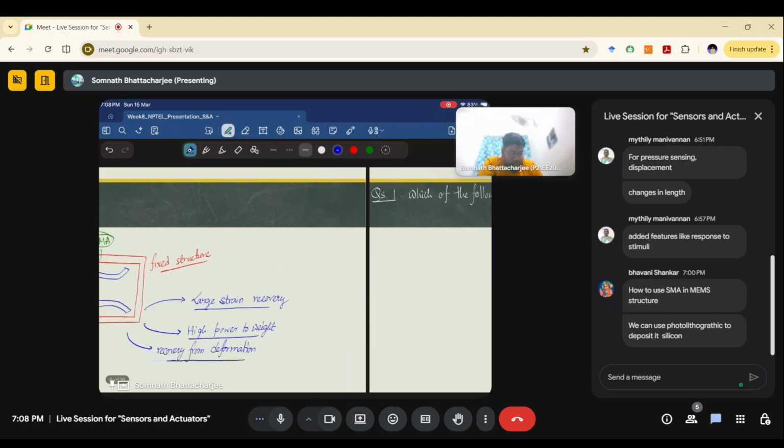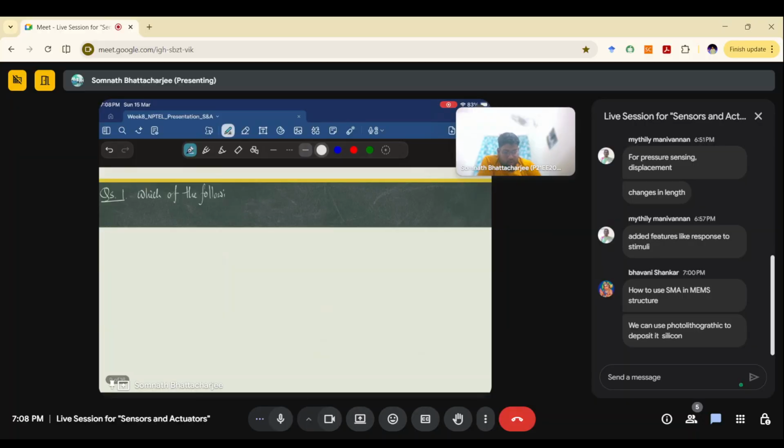So let's move on to the questions. The first one is: which of the following can be used to improve the adhesion of PR on deposited nitride layers?